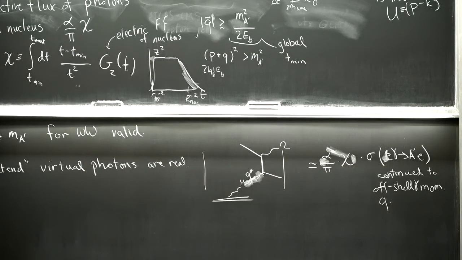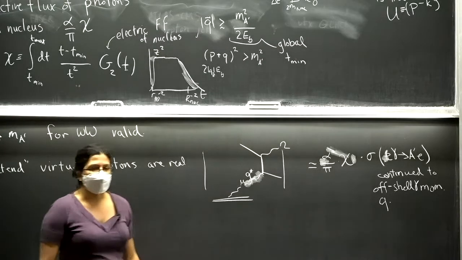But this has been done now many times in the literature, and in fact, there are several papers that have looked at the kinematics both for the electron recoil and for the dark photon in the full 2 to 3 calculation compared to Weizsäcker-Williams. And the punchline of all of them is that to get quantitatively accurate predictions, you don't want to use this. You want to use the full matrix element.